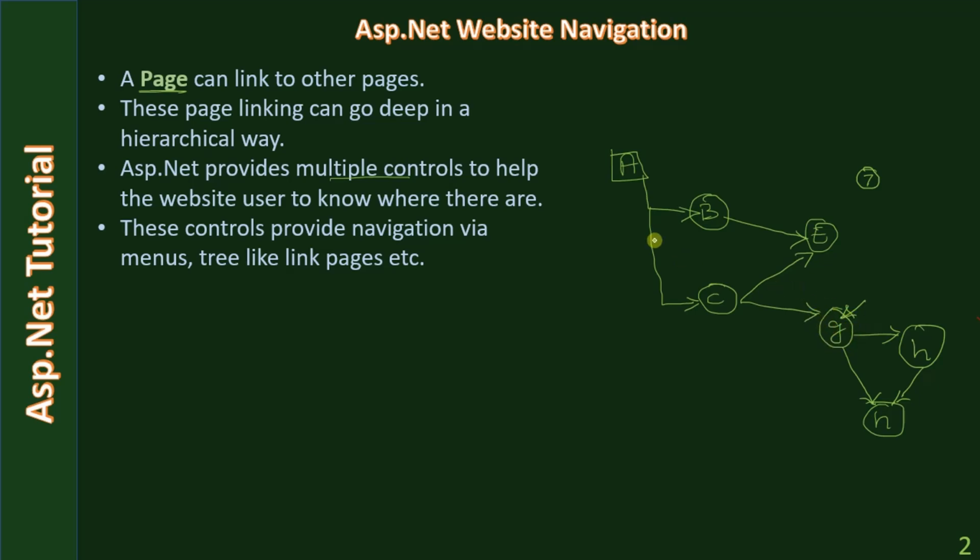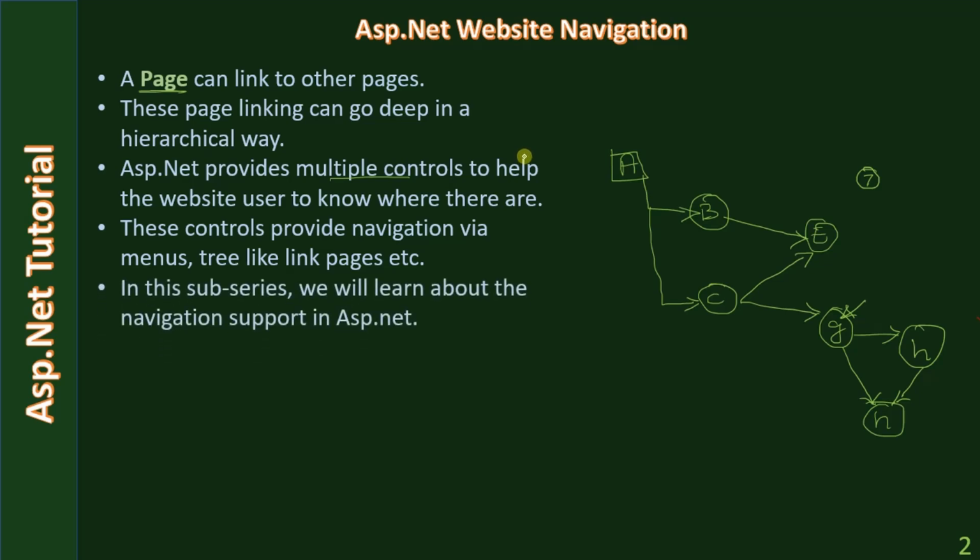So all those controls are available with the ASP.NET Navigation group. In this sub-series, we will learn about the navigation support in ASP.NET. You will learn how you can form the sitemap, then how you can use that sitemap as a feed to the navigation controls.